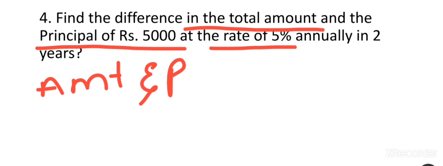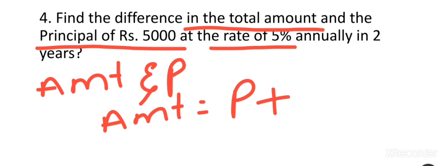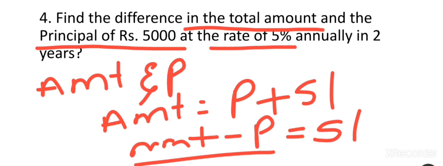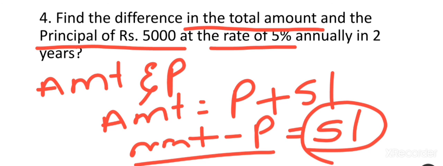We know the formula of amount, which is principal plus simple interest, amount minus P, which is simple interest. It is the difference between amount and principal amount, which is the simple interest. So that in short we have to find the simple interest.